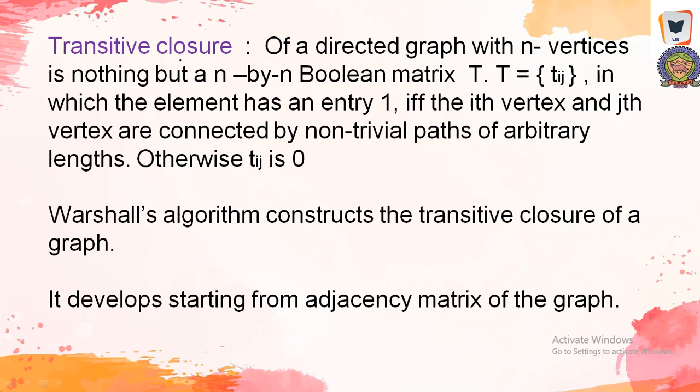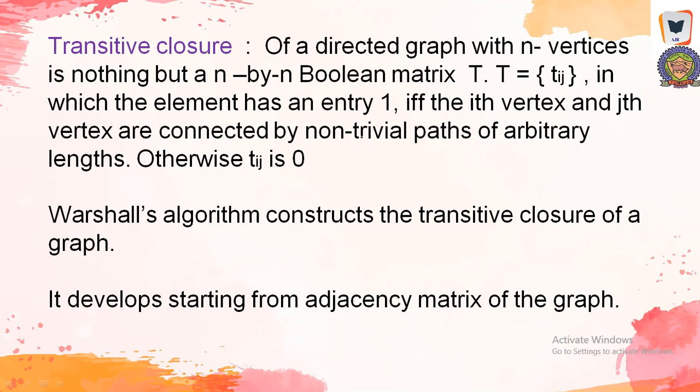Like the adjacency matrix, it is also an n by n Boolean matrix, where n is the number of vertices in the directed graph, and it is represented by T. Every element Tij has an entry 1 if and only if the ith vertex and the jth vertex are connected by non-trivial paths of arbitrary lengths.